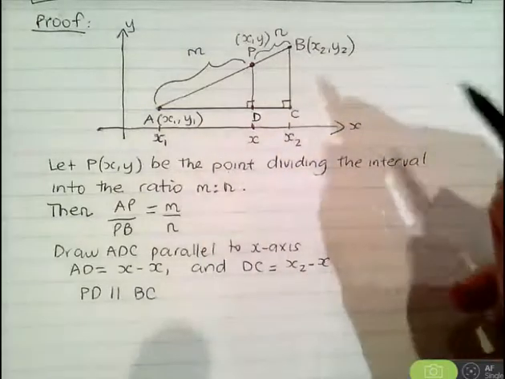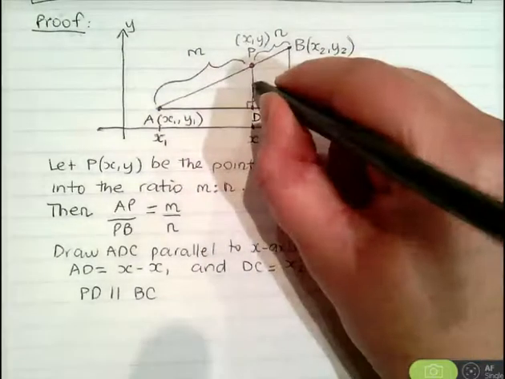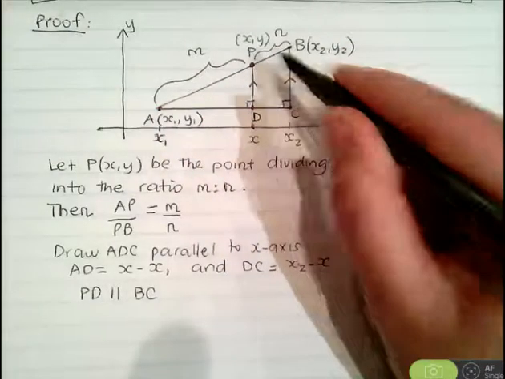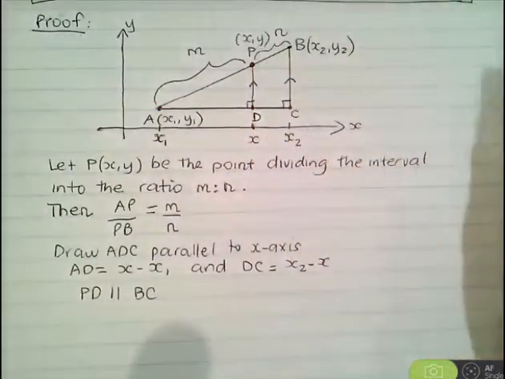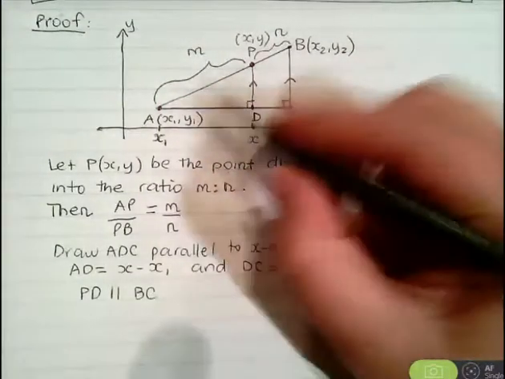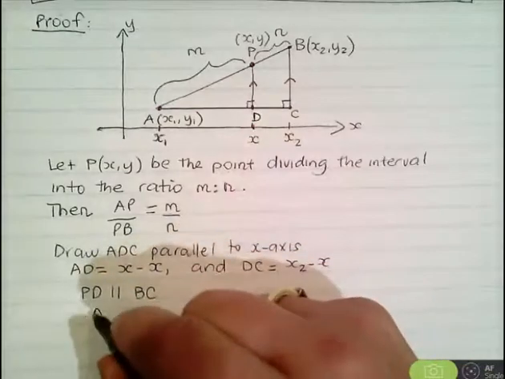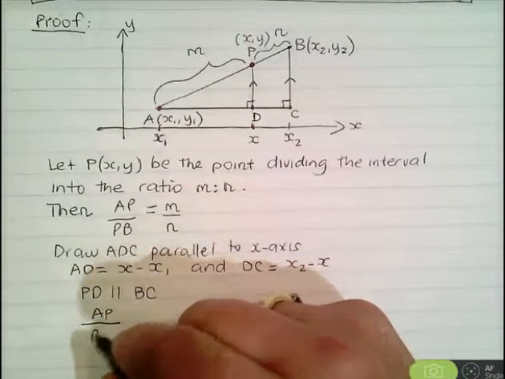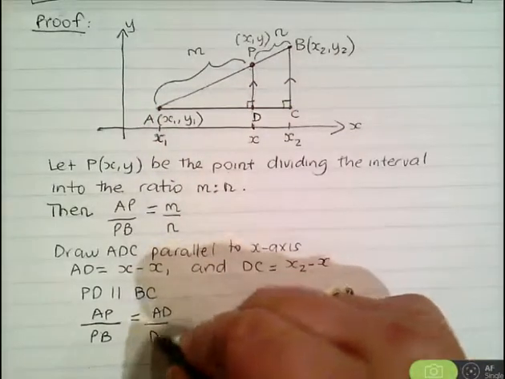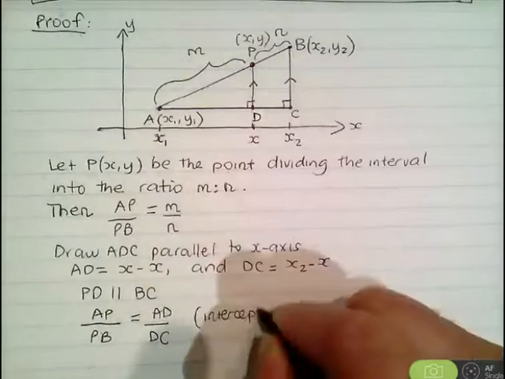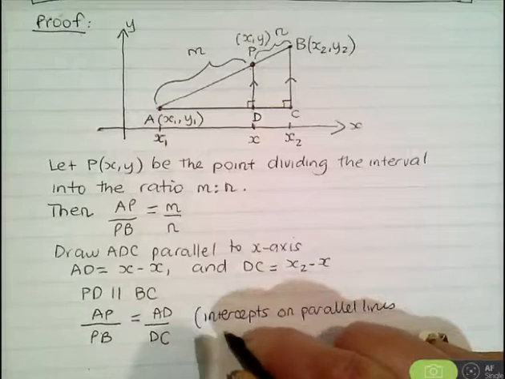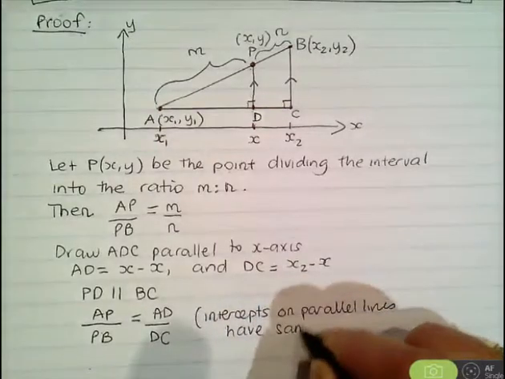Now, we therefore have parallel lines there, so I'm going to put in some parallel symbols. We can say that these are similar triangles, that ADP is similar to triangle ACB, but because we know about intercepts on parallel lines, we know that the ratio of AP over PB is equal to AD over DC. And that's because intercepts on parallel lines have the same ratio. Okay?